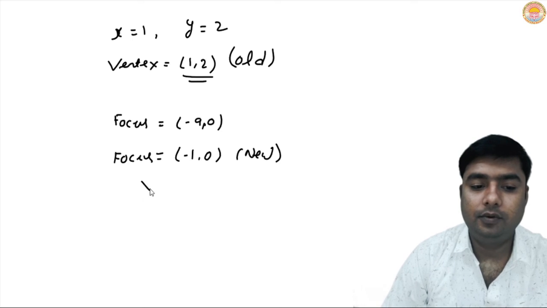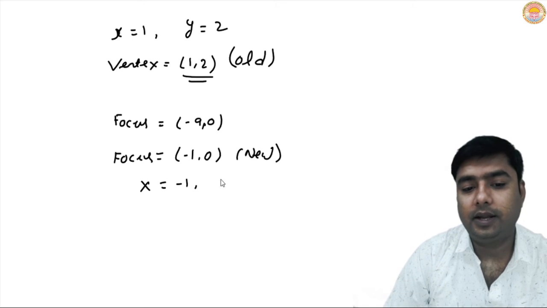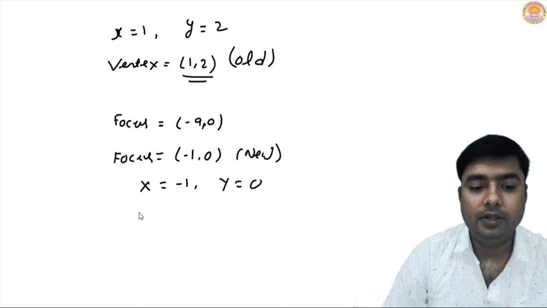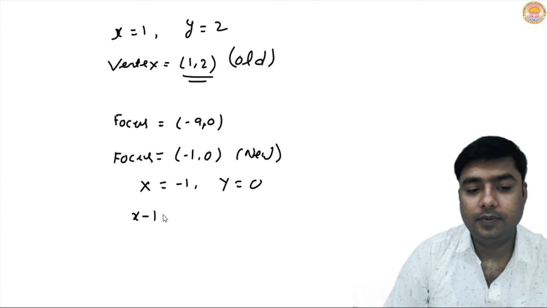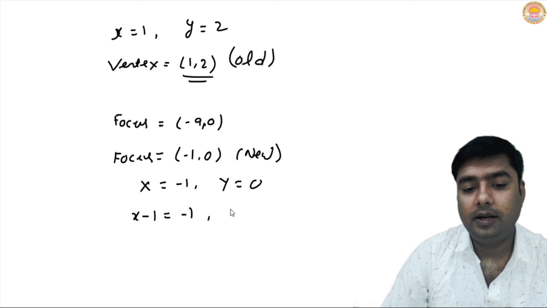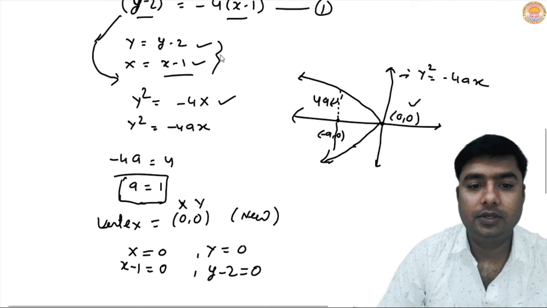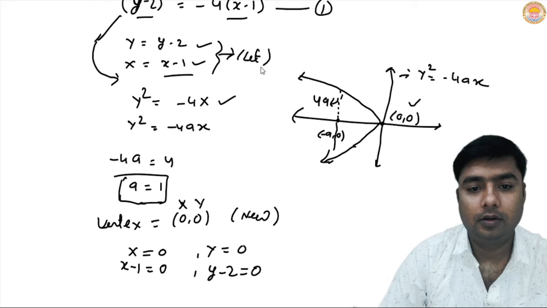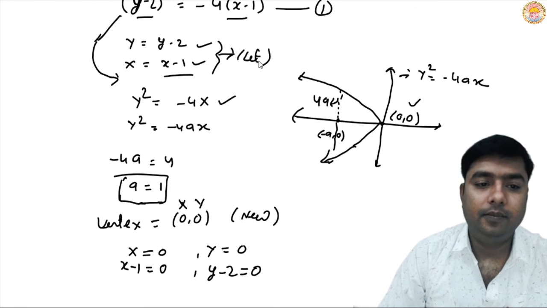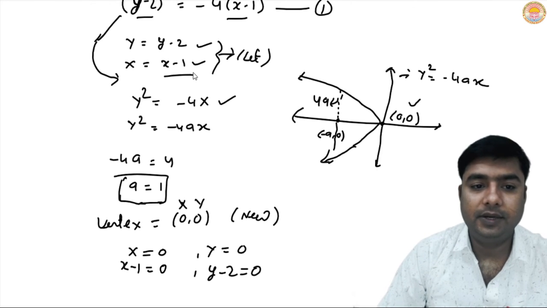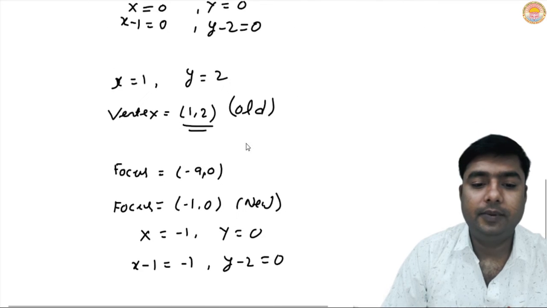So we have capital X equals minus 1, capital Y equals 0. Putting the value, capital X equals x minus 1 equals minus 1 and y minus 2 equals 0. We have already considered this equation, capital X equals x minus 1, capital Y equals y minus 2.